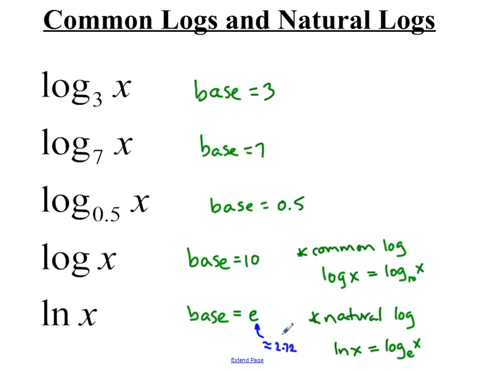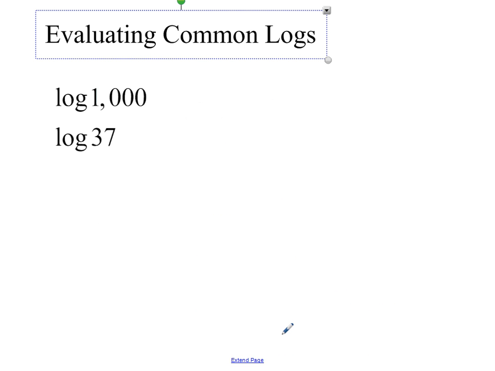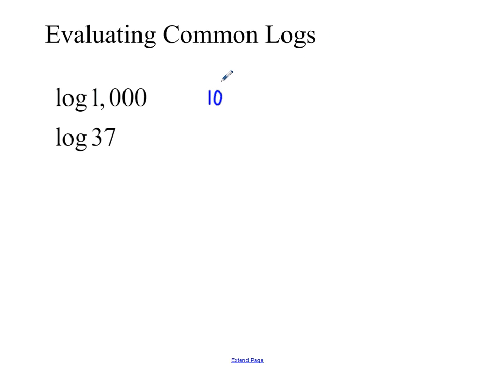Let's try a couple. You have to evaluate log of 1,000. You could go to your calculator. Let's think about what that means. What's the base here? We're saying 10 to some number. If we say log of 1,000 equals x, what we're saying is 10 to that unknown number comes out 1,000.